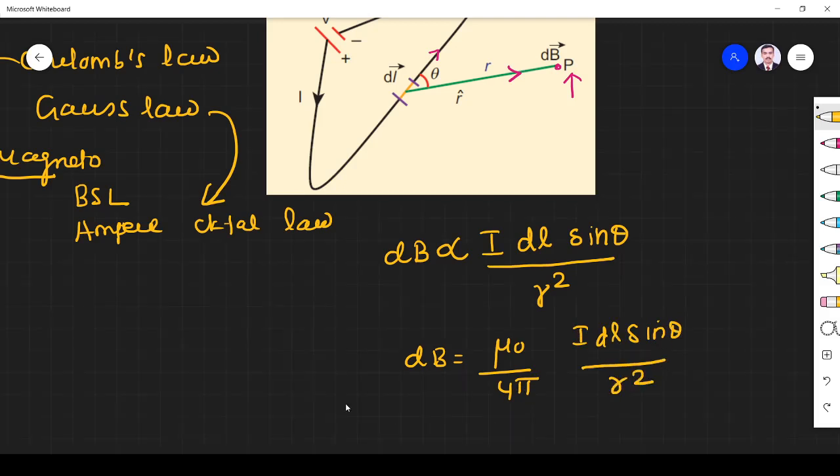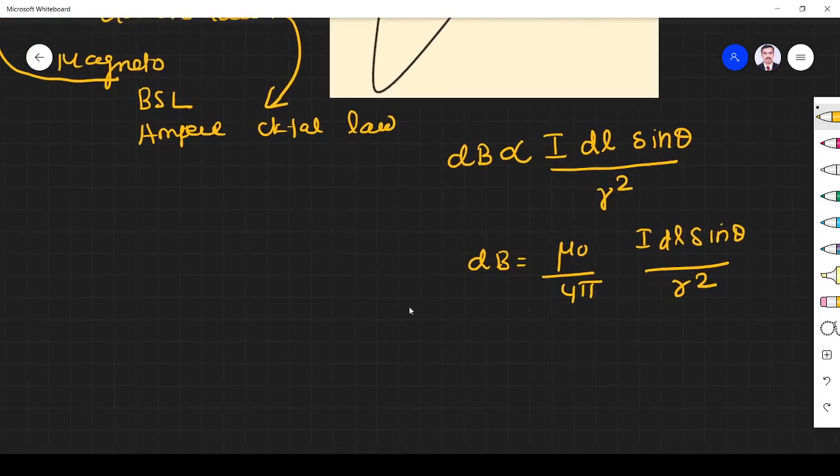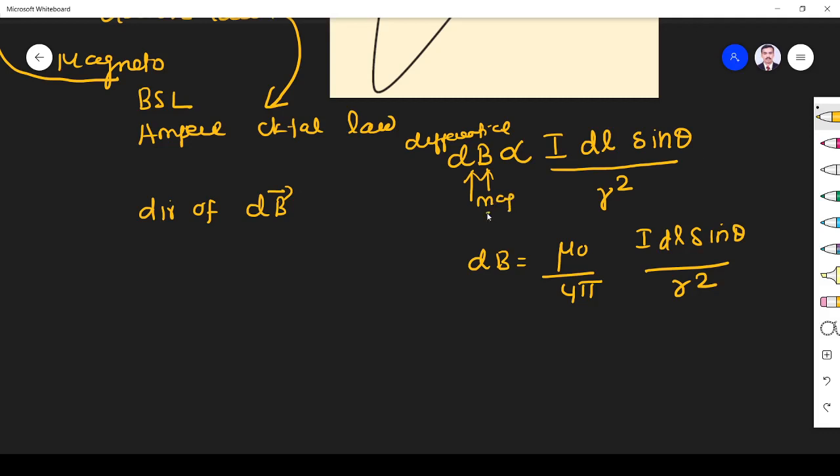Now, magnetic field is a vector quantity, so what about the direction of the magnetic field? It is dB, not B, because this is small. D means differential, a small amount. Why are we taking the differential magnetic field?